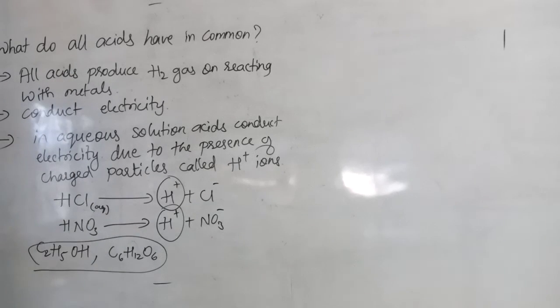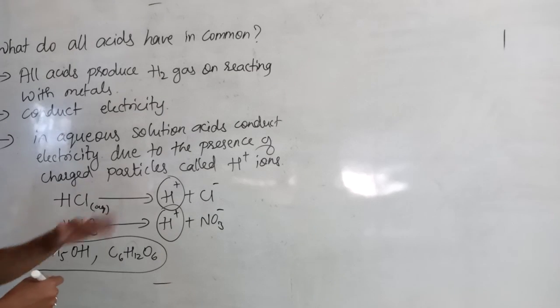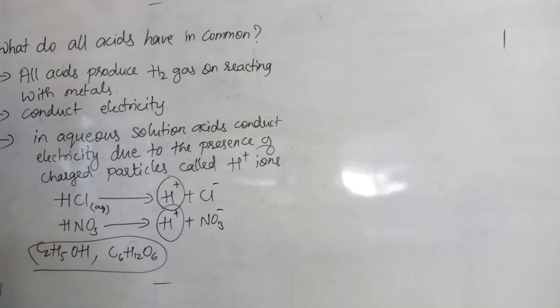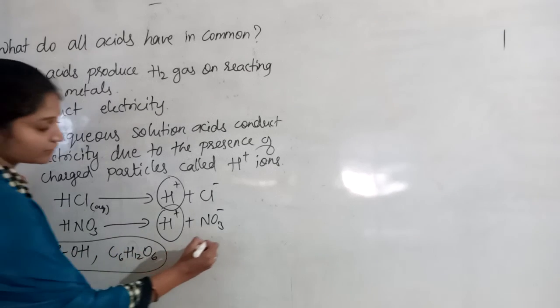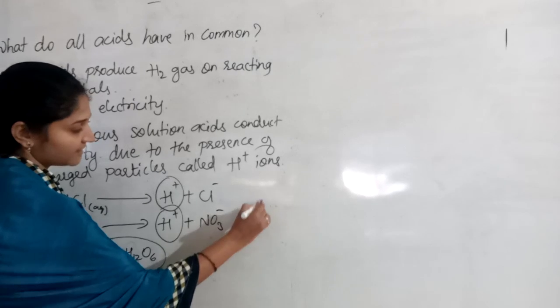Because the property we are talking about is the presence of H plus ions: when they dissolve in water, they dissociate into H plus and the respective negative ion. But ethyl alcohol or glucose, although hydrogen is present, are not acids, because when dissolved in water they do not form H plus ions.